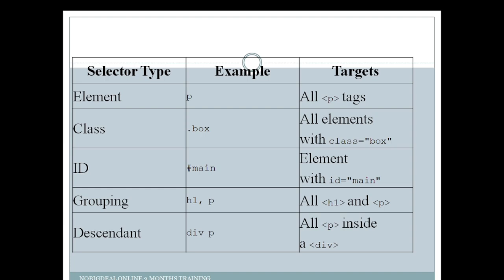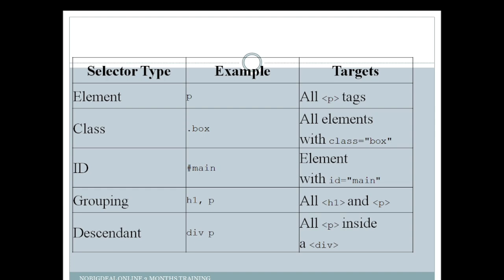Then we have the ID selector, that is the use of hash. Element with ID. When you create a tag, you create id equal to something. The name of that thing is what you'll be using as your ID, hash that thing. Then grouping.